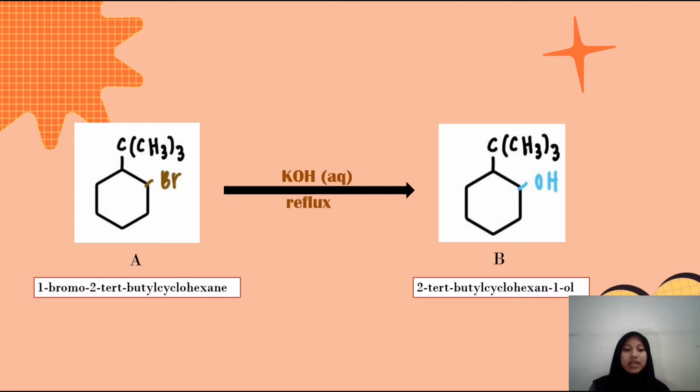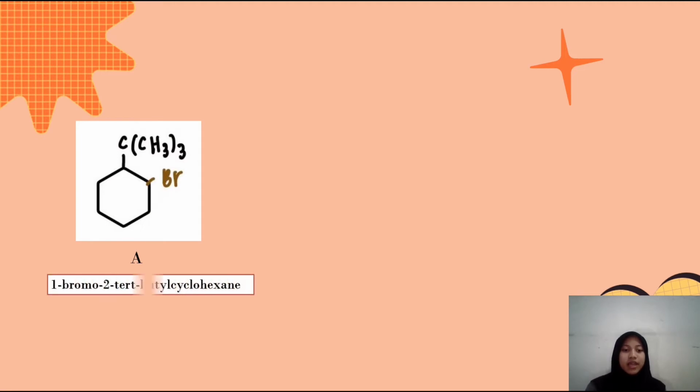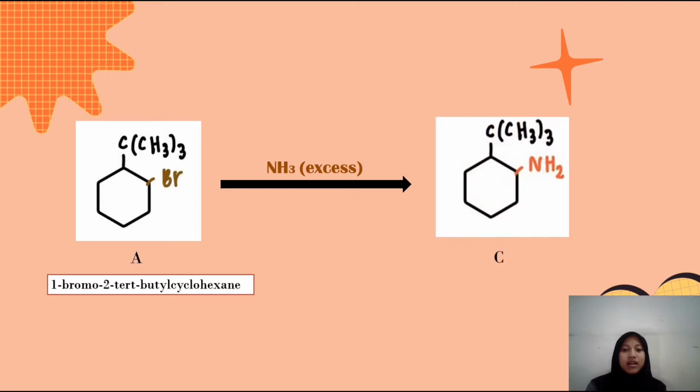We can see that the bromine from structure A has been replaced with the OH in structure B. Next, also structure A reacts with ammonia, producing structure C. The name for structure C is 2-butyl cyclohexan-1-amine. We can see that the bromine in structure A has been replaced with the NH2 in structure C.